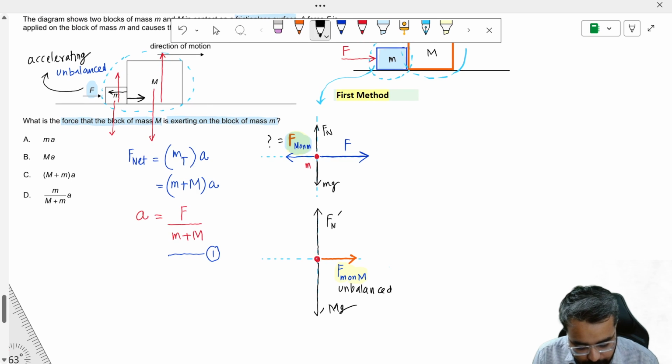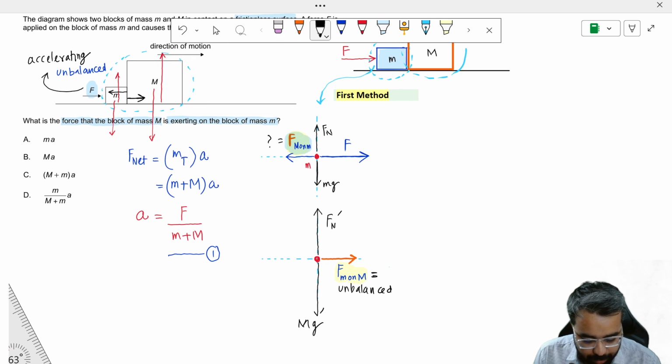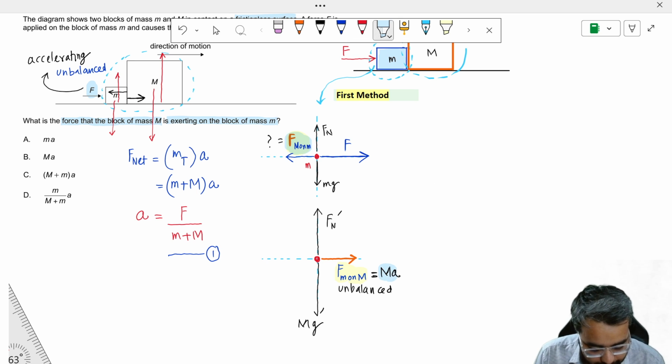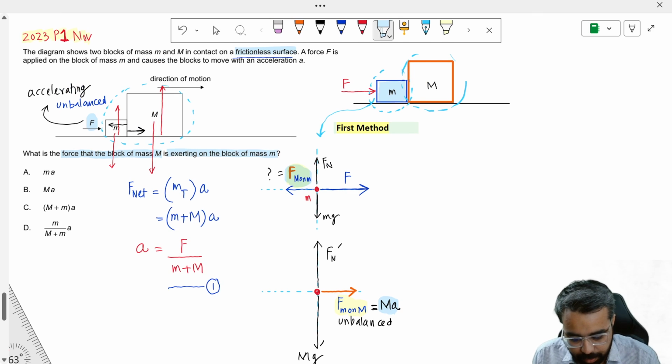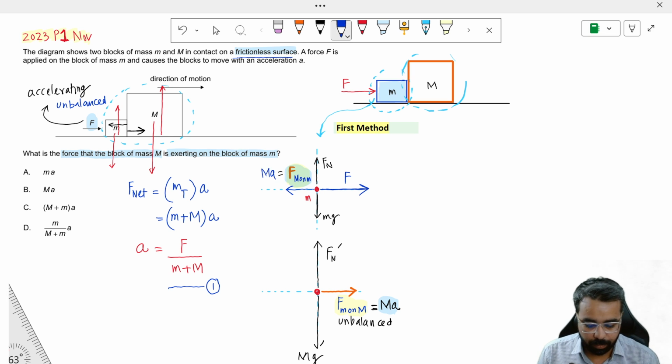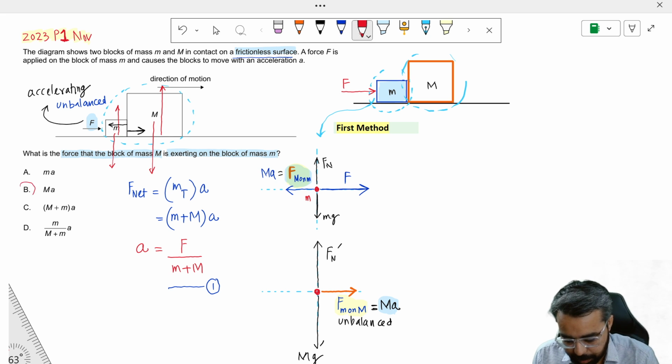Because this is a force that is the cause of acceleration in the larger mass. That's why we can say it must equal capital Ma, because there is no other force along the x-axis that we can put in this equation, right? So if capital Ma is the magnitude of this force, then I can say this should also be capital Ma. All right. So that's why the right answer for this question is option B.